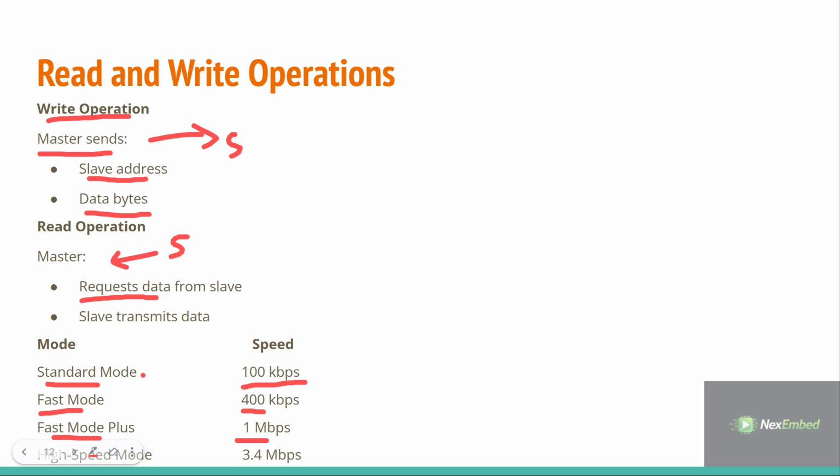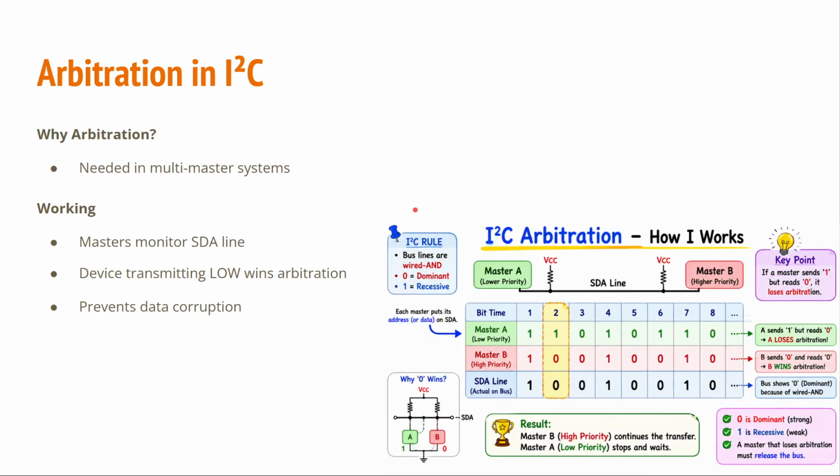Both master and slave have to be in the same mode. If I am using standard mode here, the slave has to be in standard mode. If I am using fast mode, the slave also has to be in fast mode. If there is a change in the speed, it will create clock stretching.